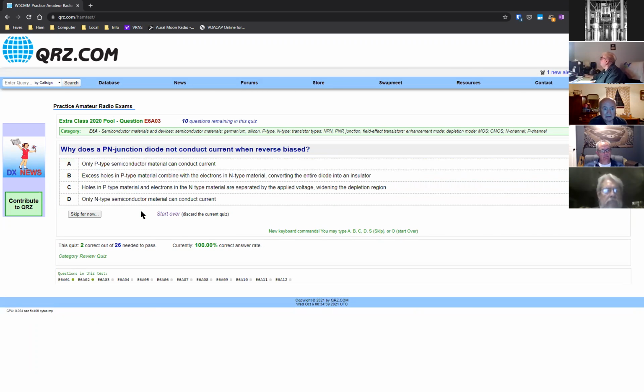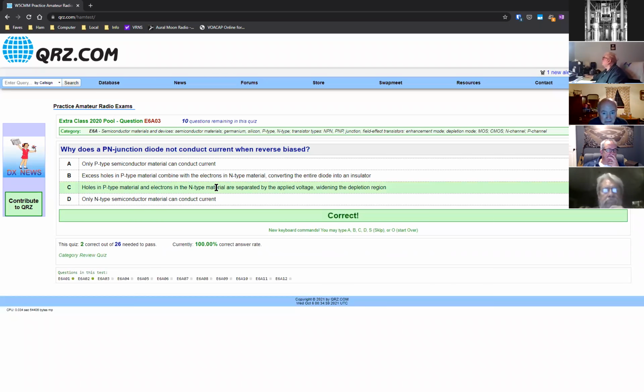Why does a PN junction diode not conduct current when reverse biased? Okay, so this is going to be C. The holes and the electrons are going to be separated by the applied voltage, widening the depletion region.